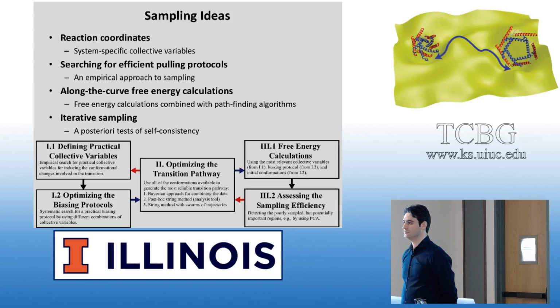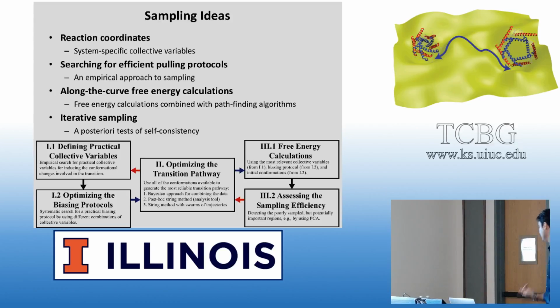Do you have a ballpark number for different methods, like how long the simulations should be? Well, basically the idea is you want to limit your sampling to the interesting areas of the phase space, which is a very large space, and this is very system dependent. It's also very dependent on collective variables.